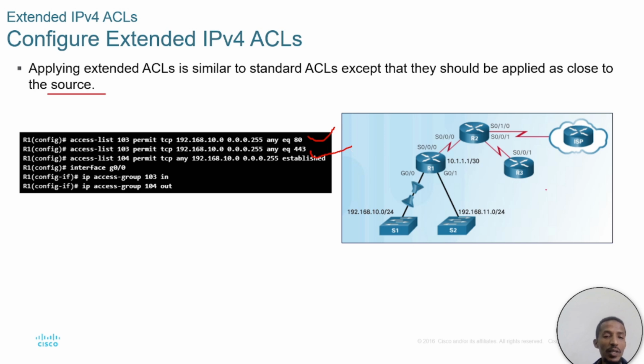Any HTTP request from this area will be permitted. So when they are going out, they'll be permitted, and also established. Established means only replies to requests that have been previously made can come back. So that's both outgoing and incoming.